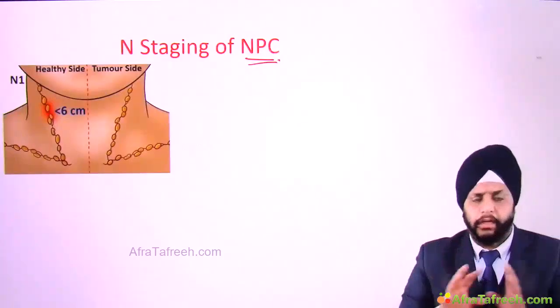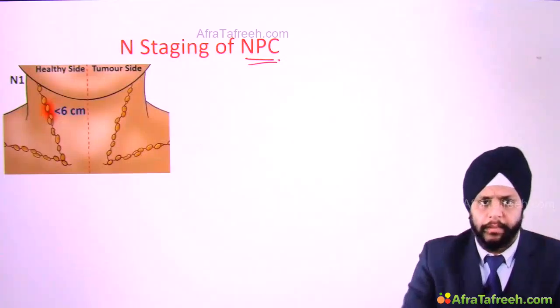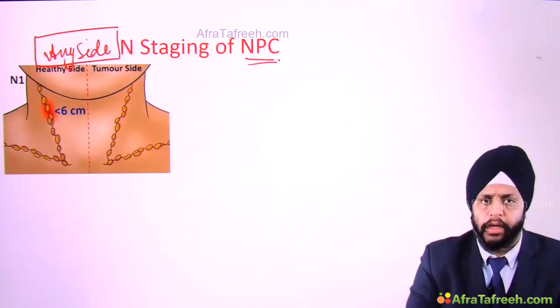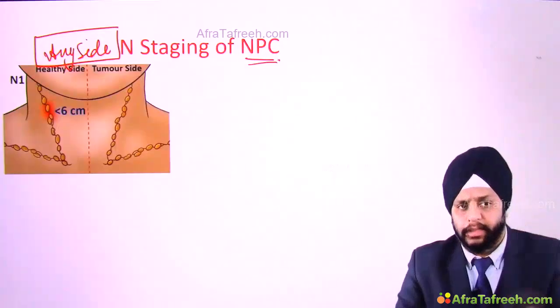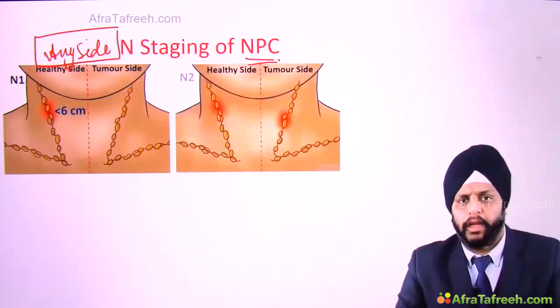Right side, left side, does not make a difference. Right? So any side, remember, any side is not a matter over here. Any one side, right? When I say any side, it means any one side less than 6 centimeter, that is your N1, right?